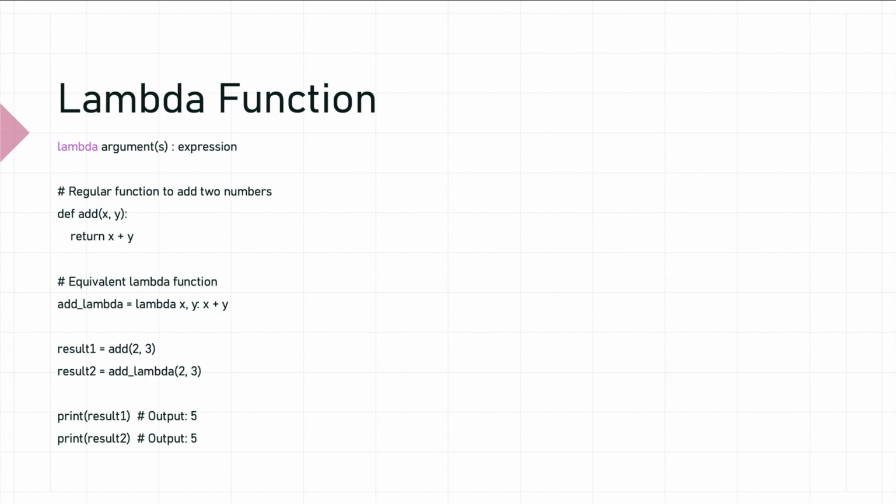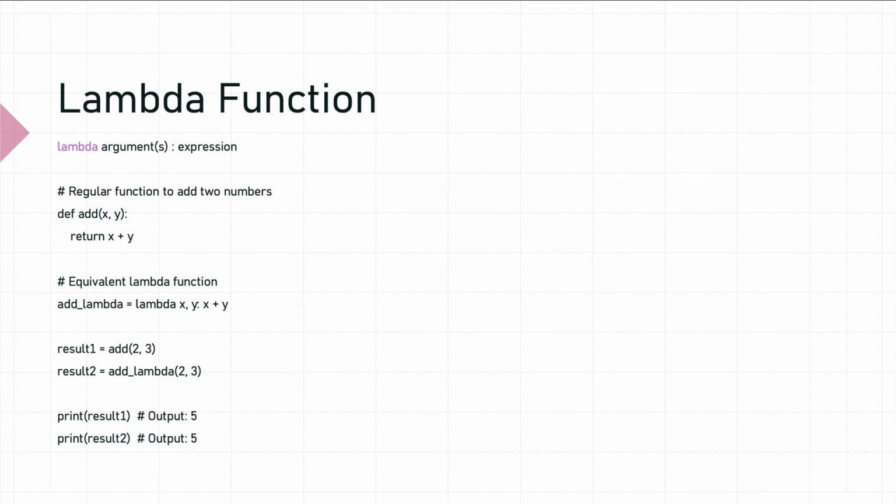We start with the word lambda, then pass the needed arguments, which are x and y, then we have a colon, then the expression, which in this case is adding the two arguments together. And all this is assigned to a variable called add_lambda. And then we see that we call both the add function and the add_lambda function the same exact way. Then we print out the results, which both will yield an output of 5.